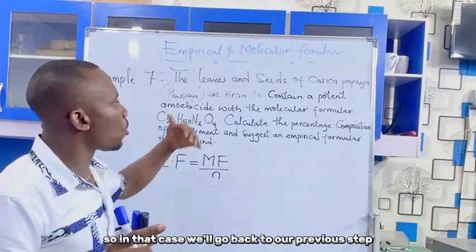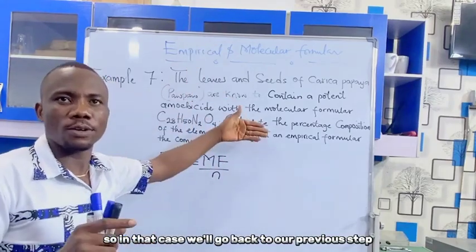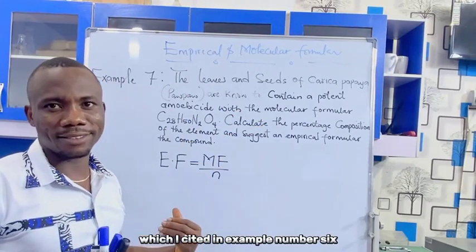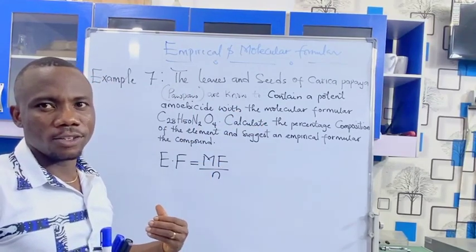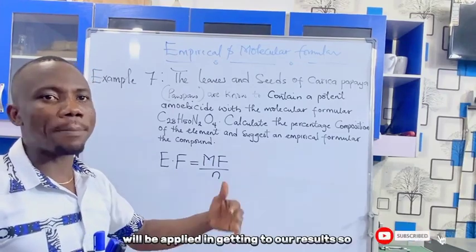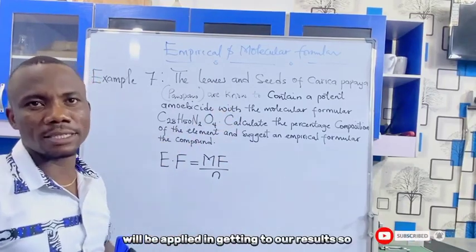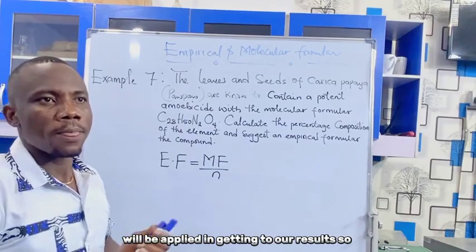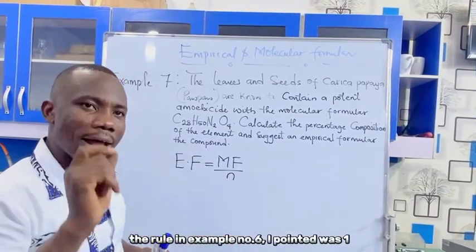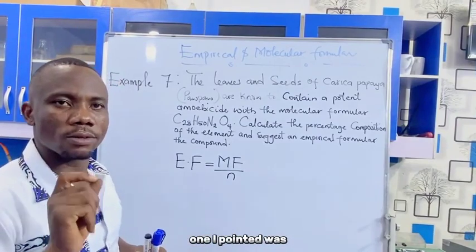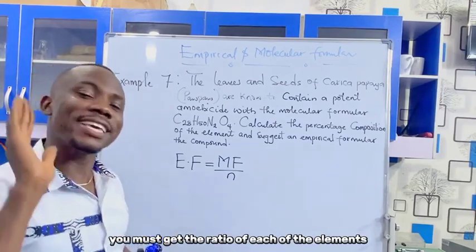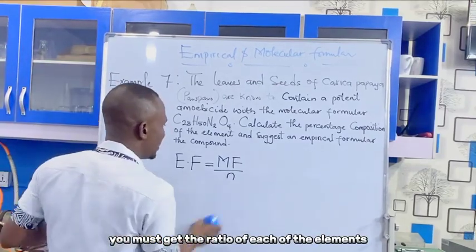So in that case, we'll go back to our previous step, which I cited in example number 6. The example number 6 rule will be applied in getting our result. The rule in example number 6 had 5 steps. Step 1: you must get the ratio of each of the elements.